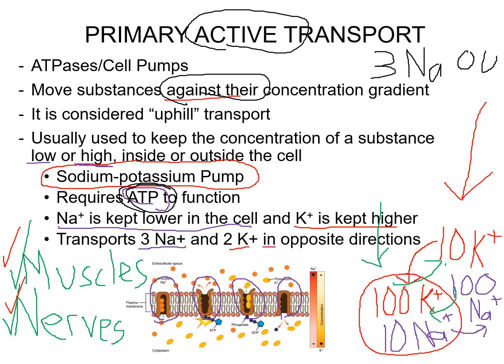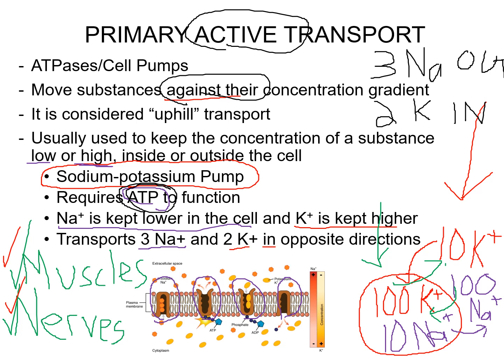Meanwhile, we're bringing in 2 potassiums. Now, why would we not bring 3 sodium out or three potassium in? There's other stuff going on. Potassium kind of is really stubborn, and they're leaking out on the other side of the cell. So to maintain this concentration gradient, the magic ratio is 3:2.